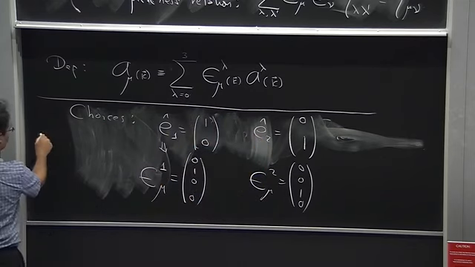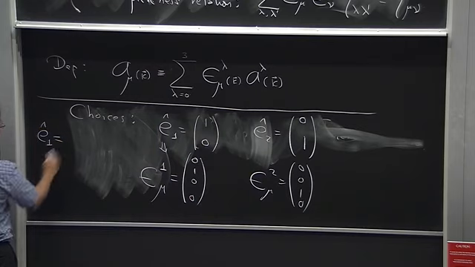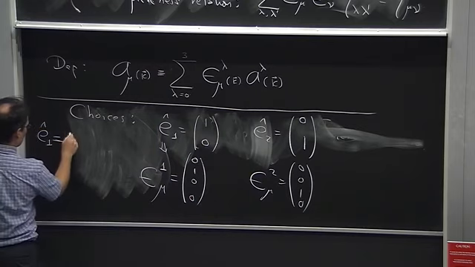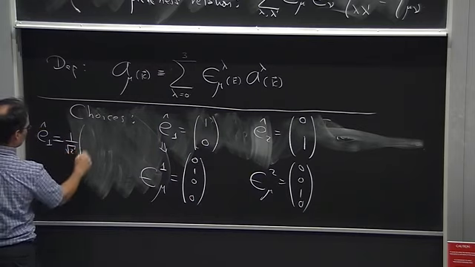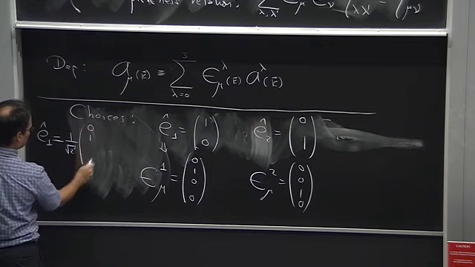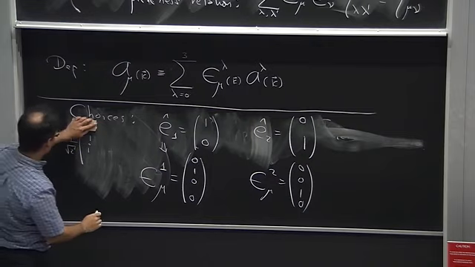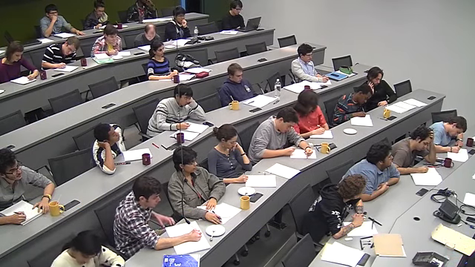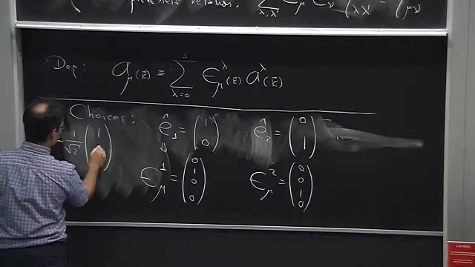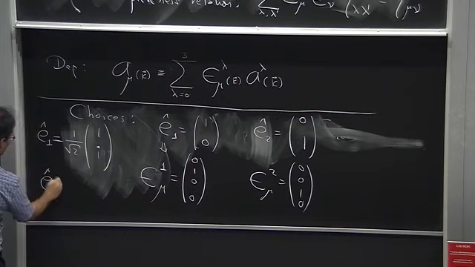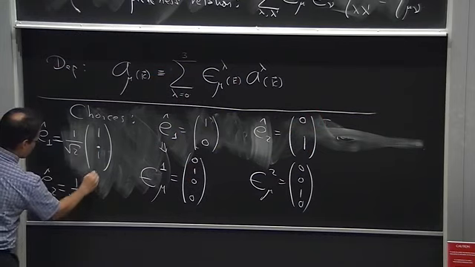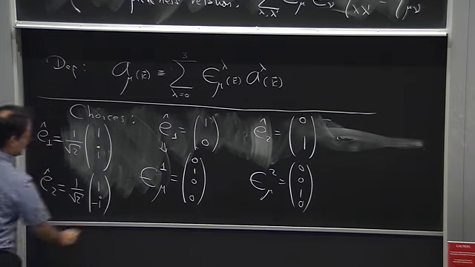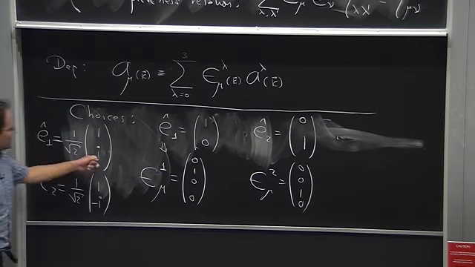So another choice is... any orthogonal, normalized, mutually independent vectors would do that. So let me make this choice. Oh, this is terrible. There is an i in there.